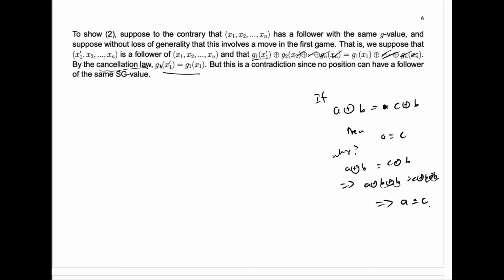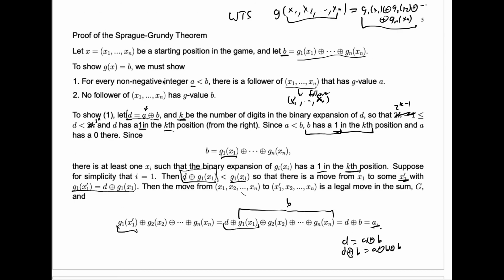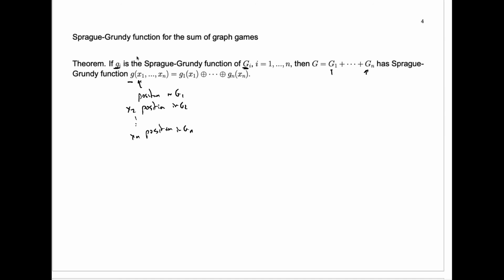It can't be the same as the Sprague-Grundy value at a follower of x1. So what have we shown? We've shown, going back here, that these two conditions are really both true, and that tells us that, going up one more page here, the Sprague-Grundy function for the sum of games really is the nim sum of the individual Sprague-Grundy values.